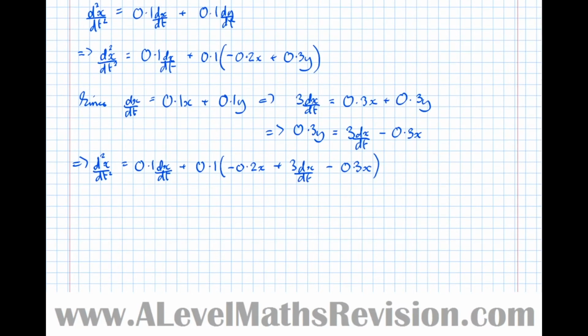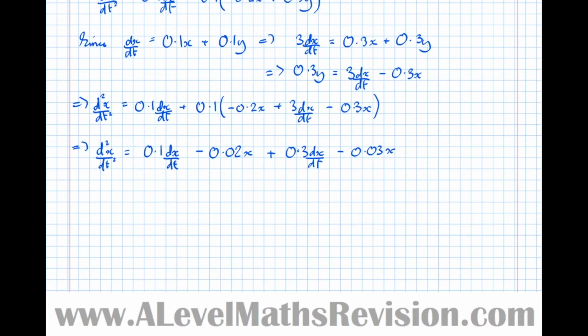Let's tidy that up a bit, which in turn implies that d2x by dt squared equals 0.1 dx by dt minus 0.02x plus 0.3 dx by dt minus 0.03x.